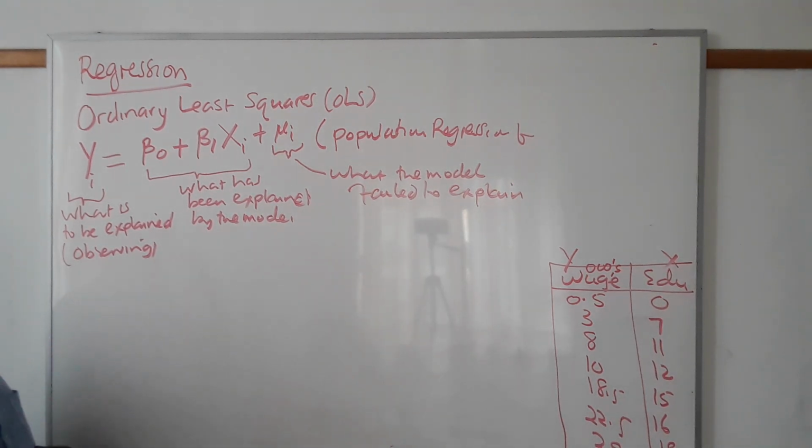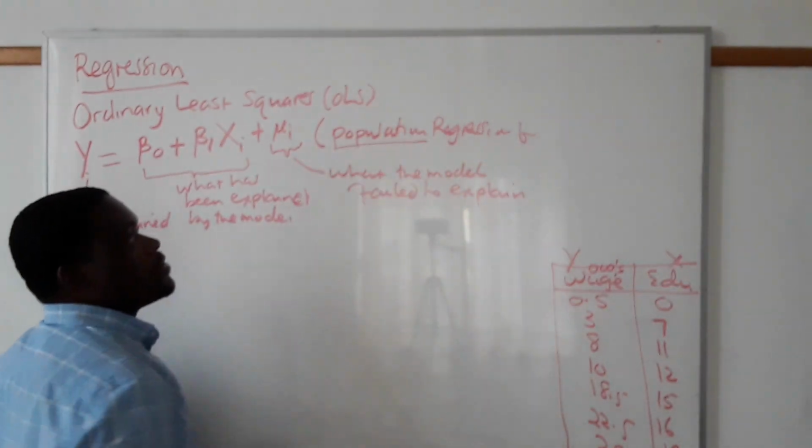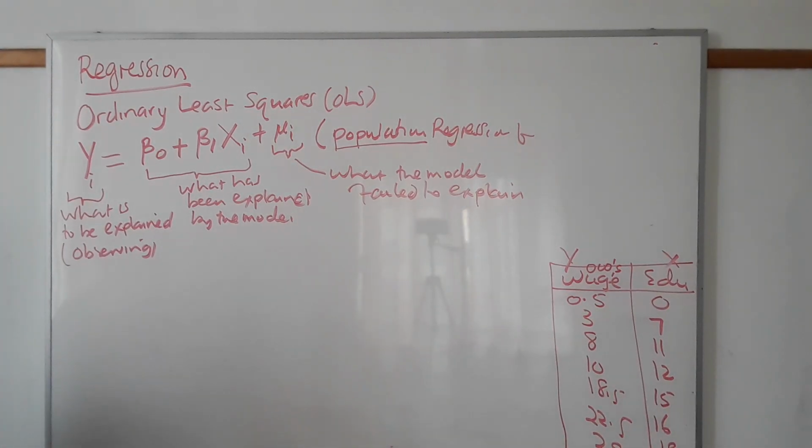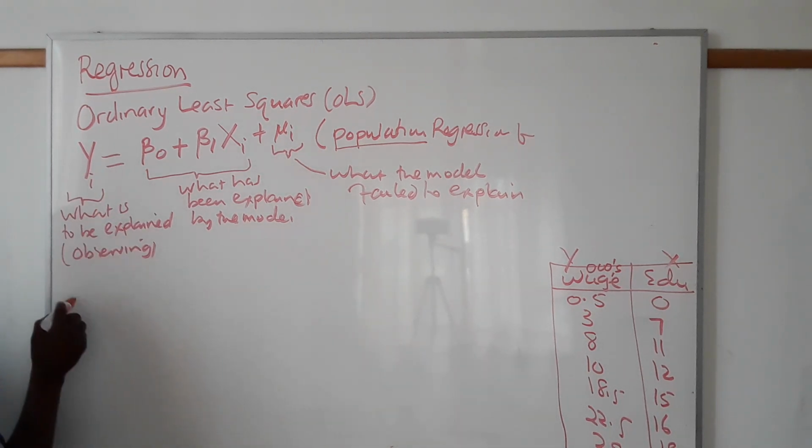But now, because it's very difficult for us to observe population data for, say, the labor market, the best we can do is to work with a sample of people participating in a particular labor market. So we can rewrite this in sample terms.